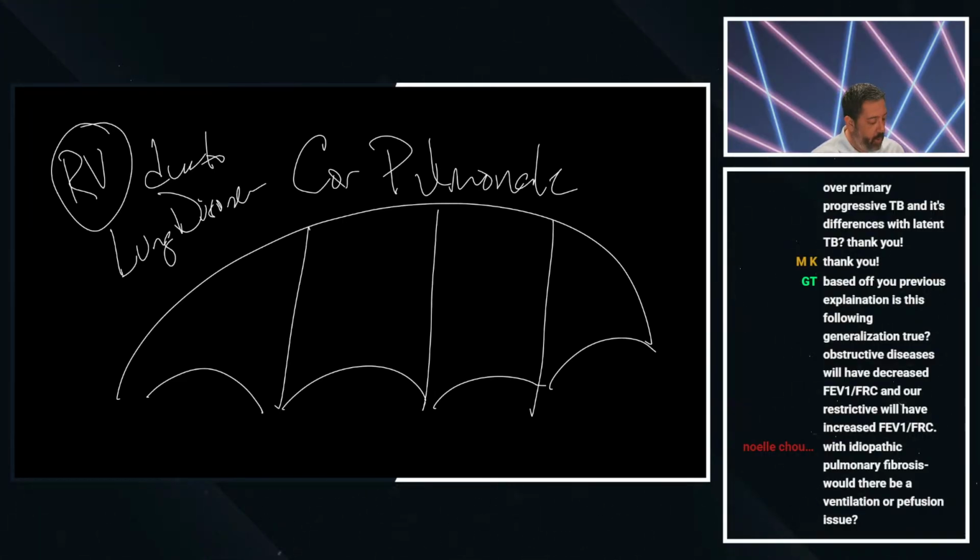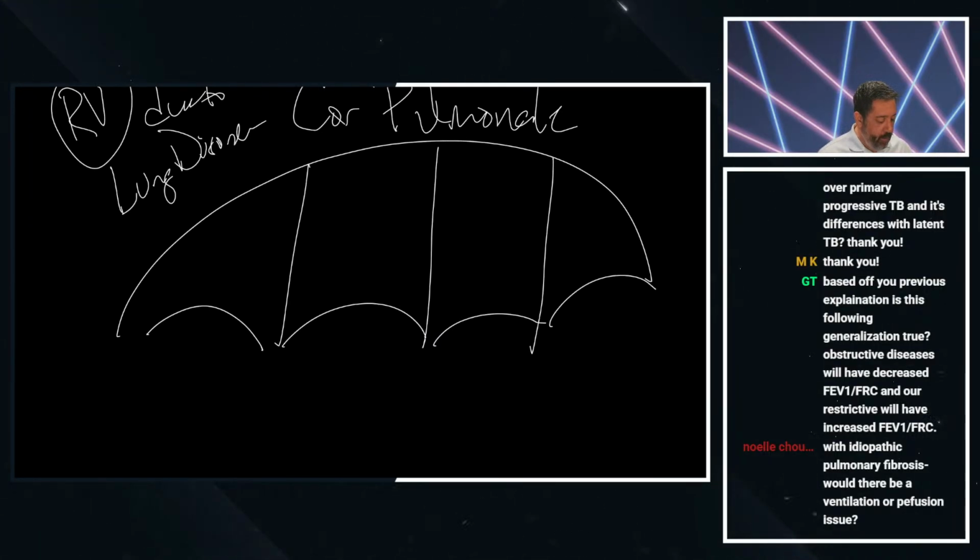Okay, hang on one second. So this umbrella term includes massive pulmonary embolism in the acute phase, as well as injury due to ARDS on the acute side.